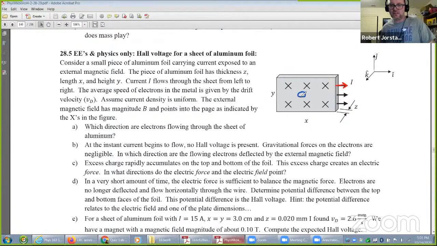Negative charges moving left would be the same thing as positive charges moving right. So which way is the magnetic force on this electron? Help me out. So the X's represent the external magnetic field.